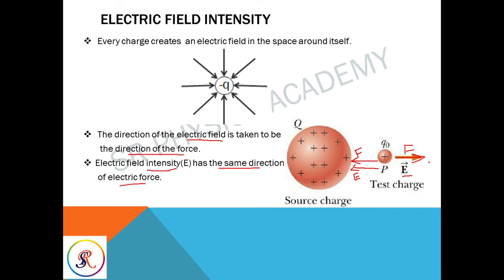In this case, the direction of the electric field and the direction of the force are both the same. Similarly, if the test charge and the source charge are both negative, it will be repel, no wait, if the test charge is negative and the source is positive, the two charges will attract together over a small distance. In this case also the force direction and the electric field direction are both the same, towards, not away.